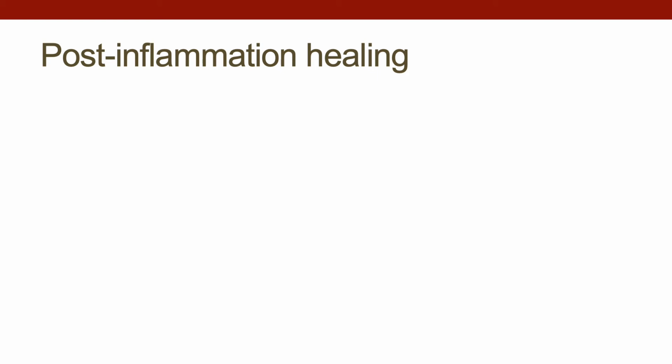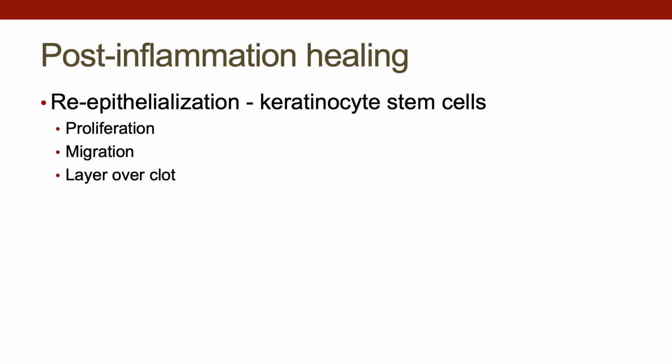So now I'm going to move on to what happens post-inflammation in wound healing, and a couple of steps that are going to happen. One is reepithelialization. That involves a cell type called keratinocyte stem cells.